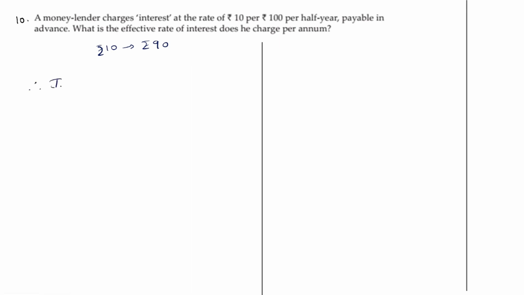Therefore, interest per 6 months is equal to 10 by 90, or it is equal to 1 by 9.